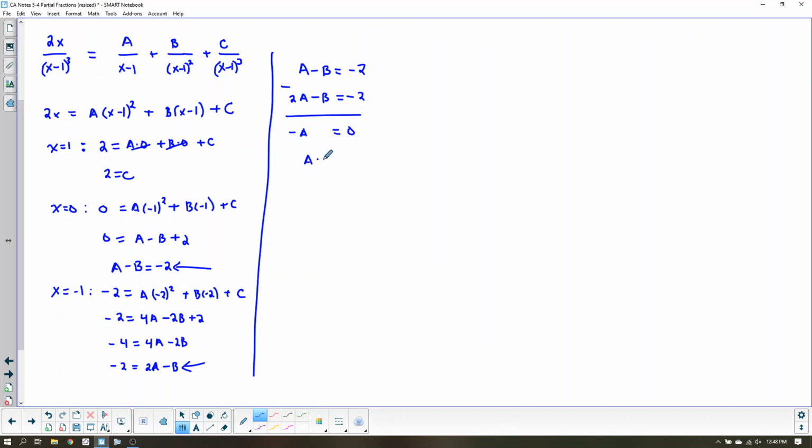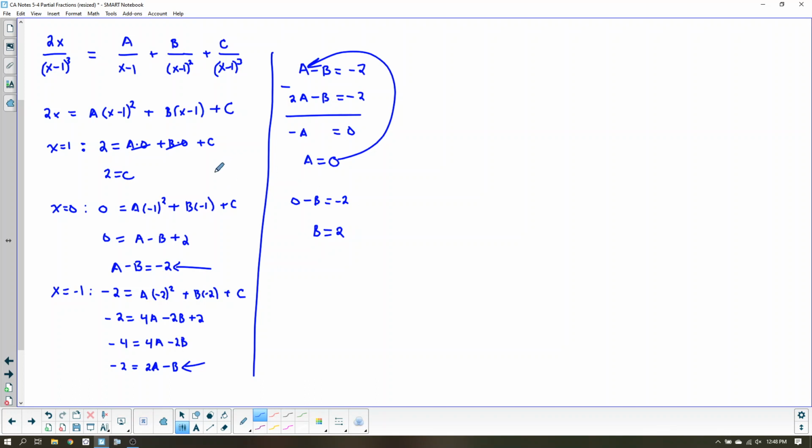So that means a is actually 0. Divide both sides by a negative, you get a is actually 0 there. Okay, so once you have a, you can find b by just plugging back into the equation like we normally do. So we have 0 minus b equals negative 2, which just says b is 2.